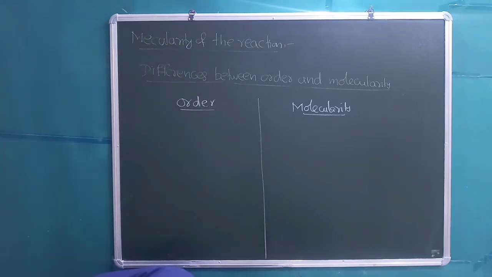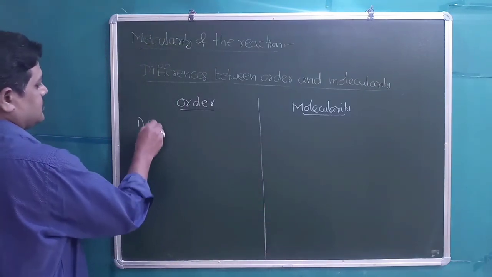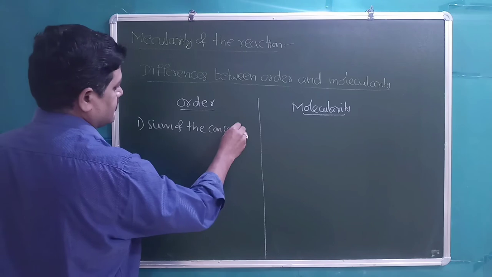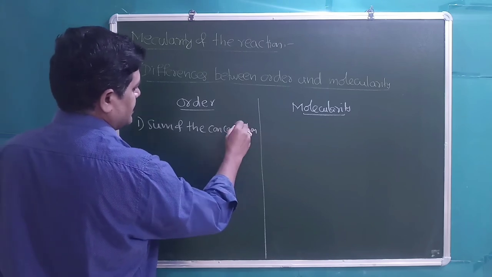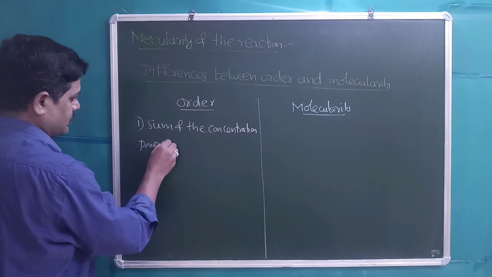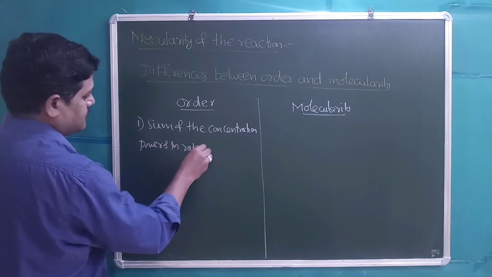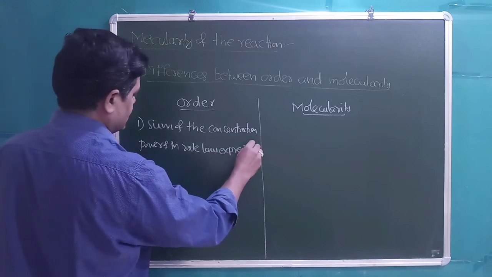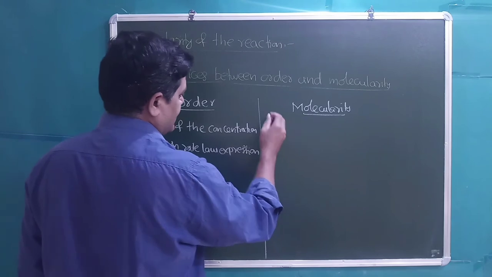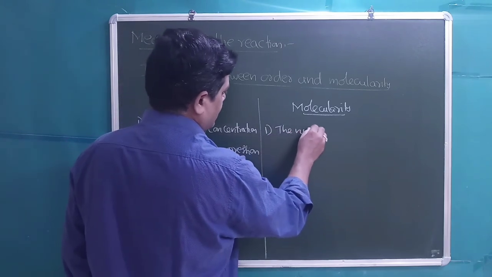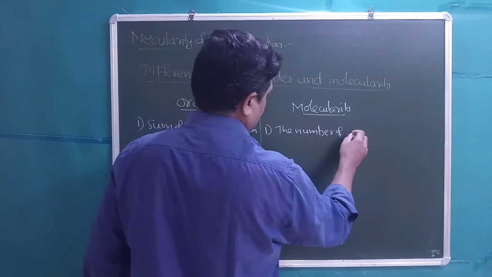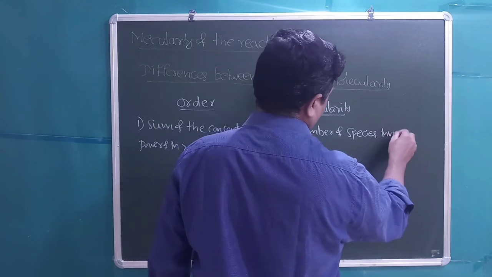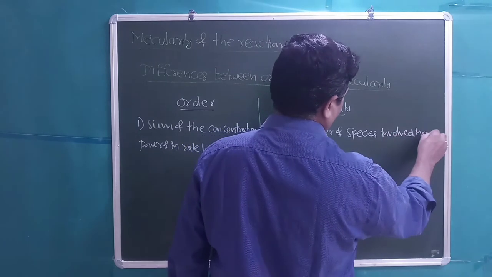Order of the reaction is the sum of the concentration powers in the rate law expression, whereas molecularity is the number of molecules, or number of species, involved in an elementary reaction.